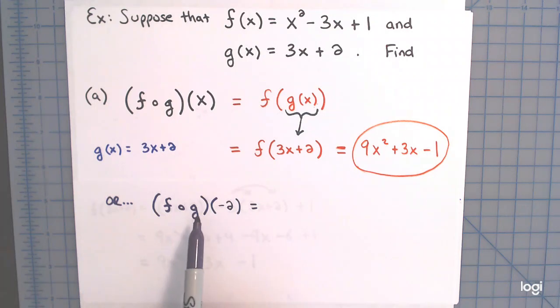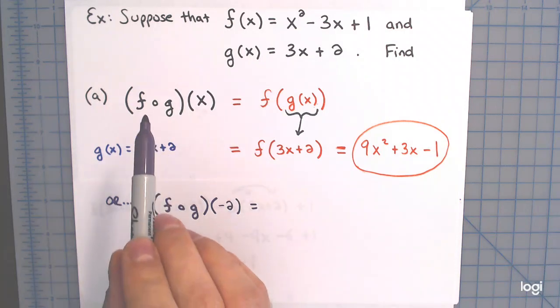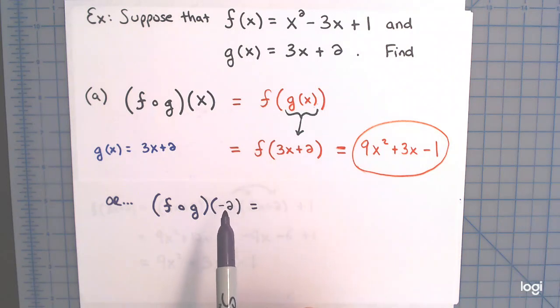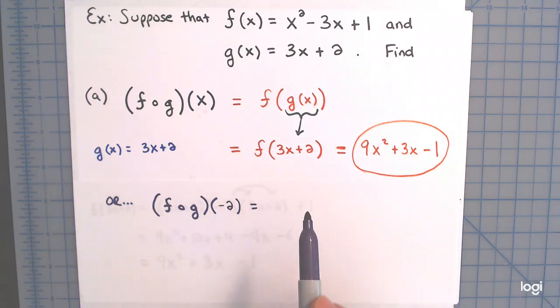Just go to the rule for the outputs of f composed with g, just like any other rule. That was 9 times x squared plus 3x minus 1, where the x is now -2. I'm just going through that rule and replacing all the inputs with -2.